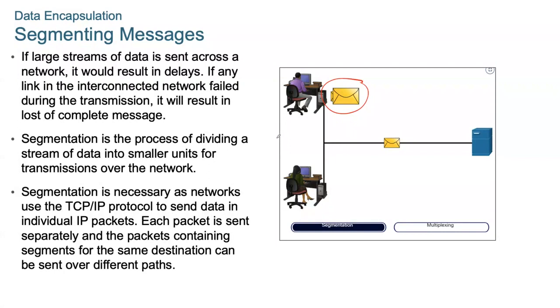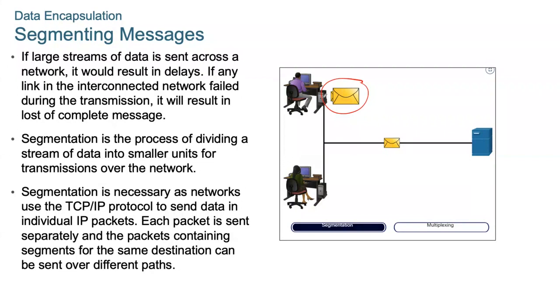This segmentation is necessary because data networks use the TCP/IP protocol suite to send data in individual IP packets. Each packet is sent separately, similar to sending a long letter as a series of individual postcards. The packets containing the segments for the same destination can be sent over different paths.